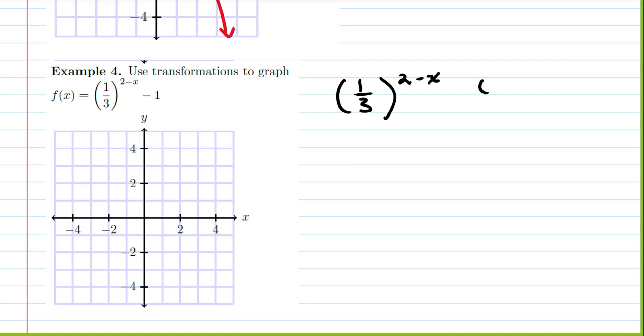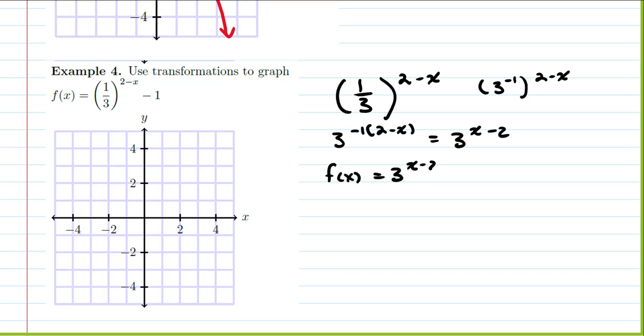So we can rewrite this as 3 to the negative 1 to the 2 minus x. And if we have a power raised to a power, we multiply their exponents. So that's negative 1 times 2 minus x, which is going to be negative 1 times negative x is positive x, and negative 1 times 2 is negative 2. So our function is actually f of x equals 3 to the x minus 2 take away 1.